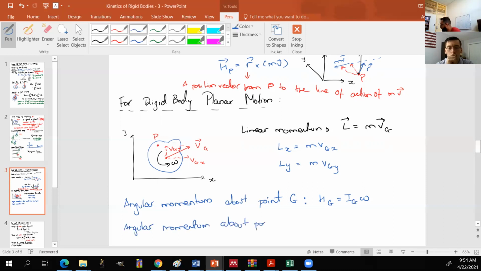In that case, you're going to have to break it up. Either you find the angular momentum about that point using the rotational moment of inertia about that point, or you can find the angular momentum about the mass center. And then what is angular momentum? When you're looking at linear momentum, angular momentum is the moment of the momentum.